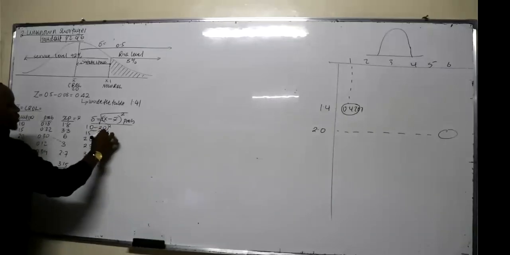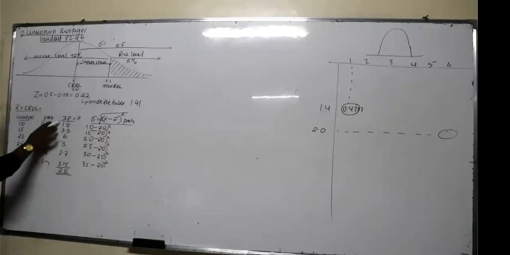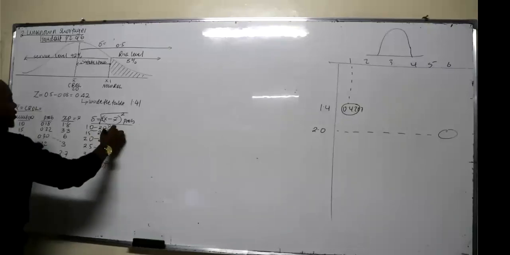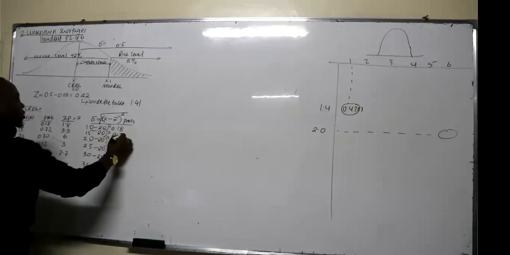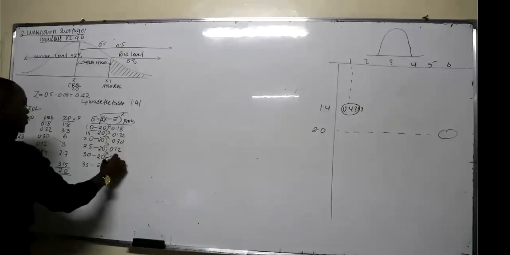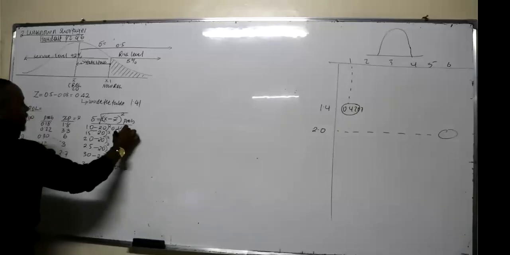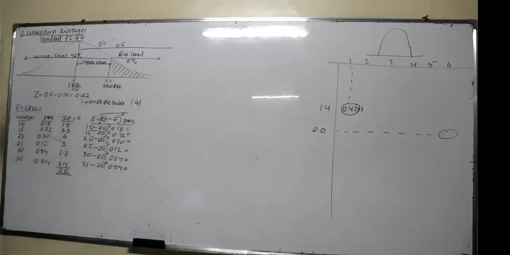Then you square so as to eliminate any negative, times the probability of occurrence. This was the probability: 0.18, 0.22, 0.30, 0.12, 0.09, 0.09.